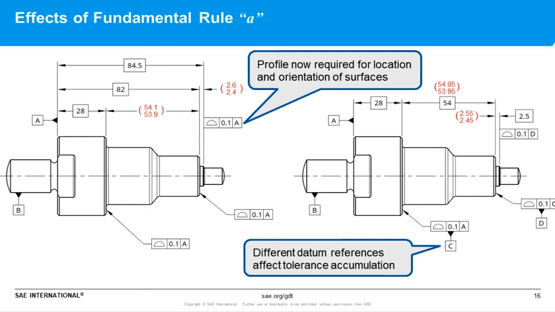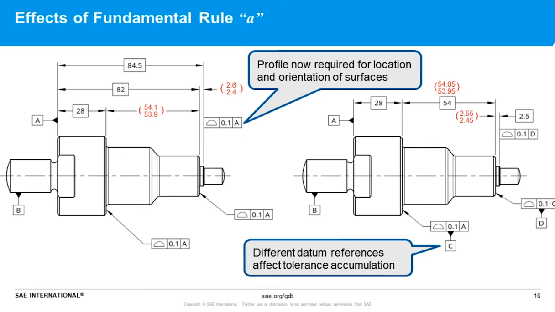So instead of showing plus-minus tolerances, it now shows basic dimensions with profile tolerances, and you'll notice the drawing on the left shows two profile tolerances with the common datum reference to be equivalent to baseline dimensioning, and the drawing on the right shows where it was redimensioned, where we're controlling the relationship between the functional surfaces directly.